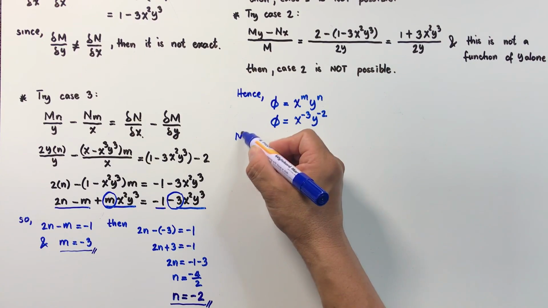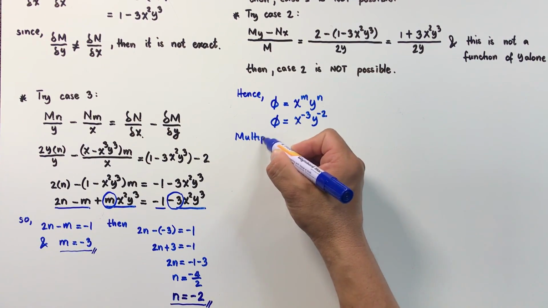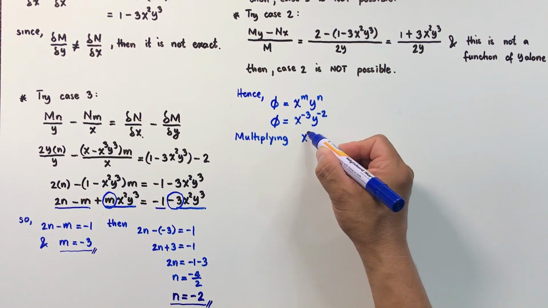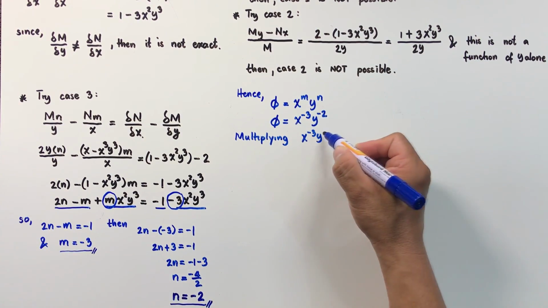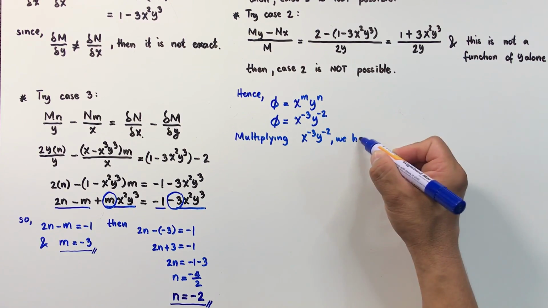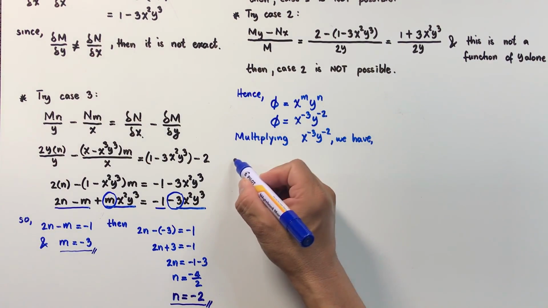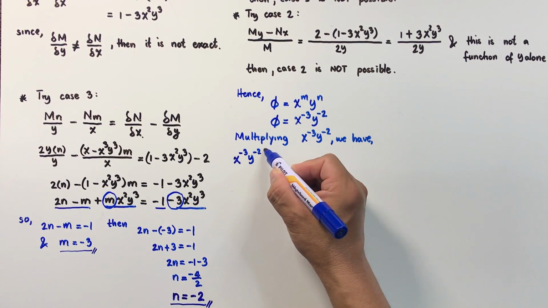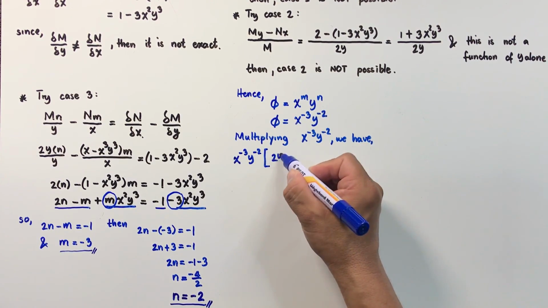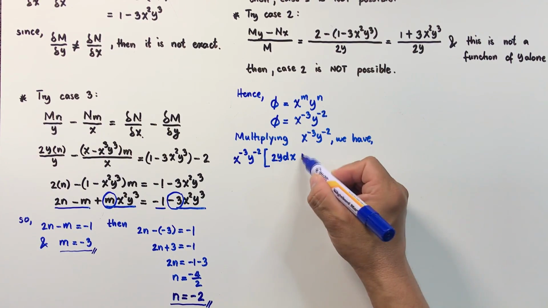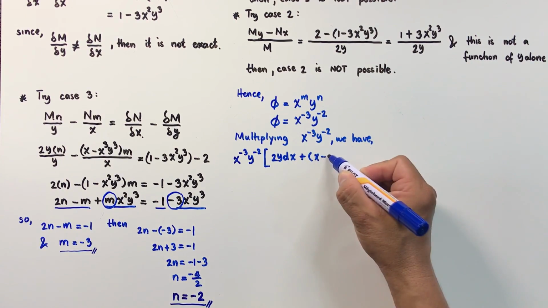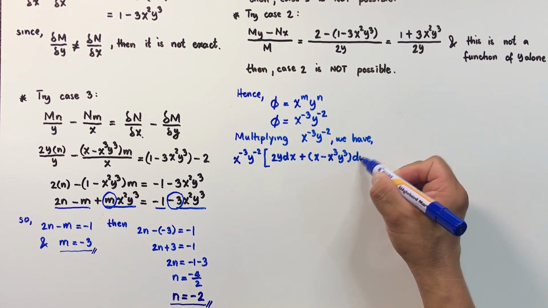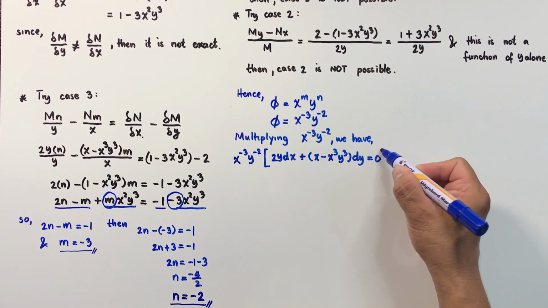So multiplying each term in the given differential equation by x to the power negative 3 and y to the power negative 2, we have x to the power negative 3, y to the power negative 2 times 2y dx plus x minus x cubed y cubed dy, which is equal to 0.